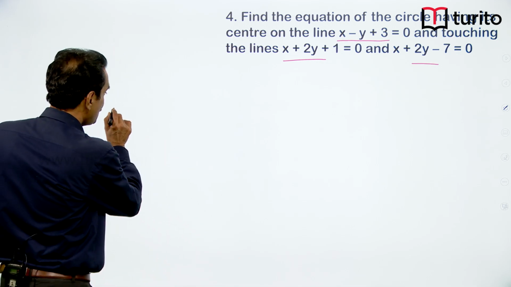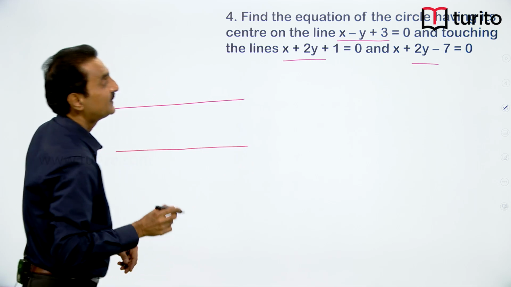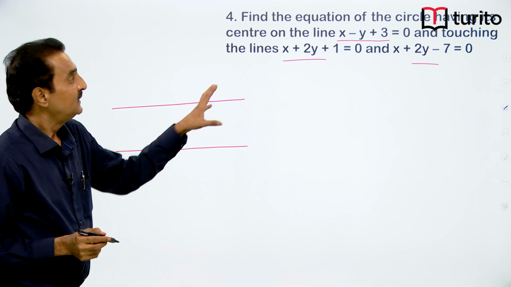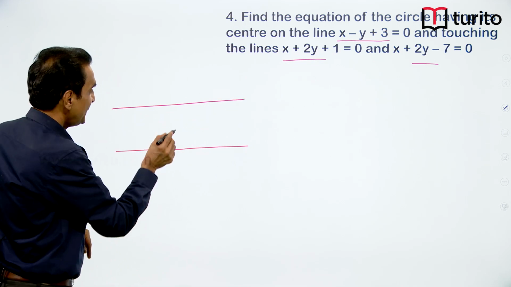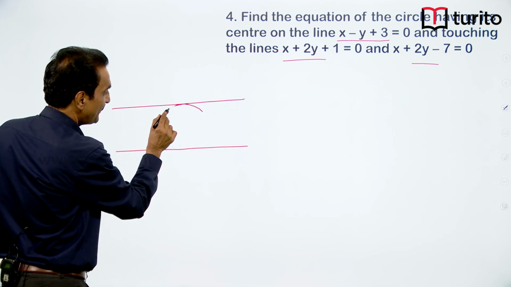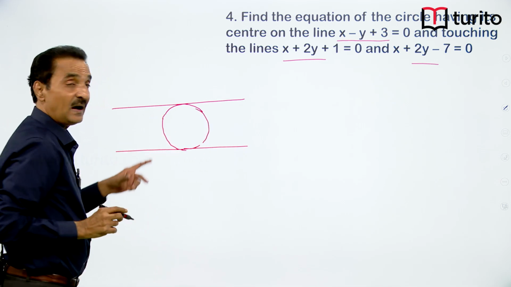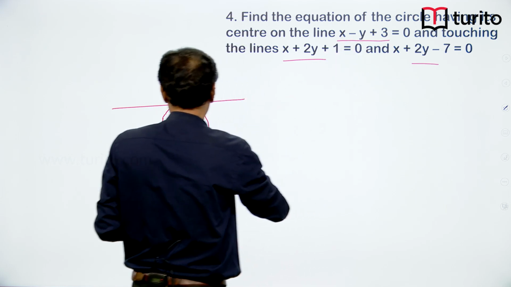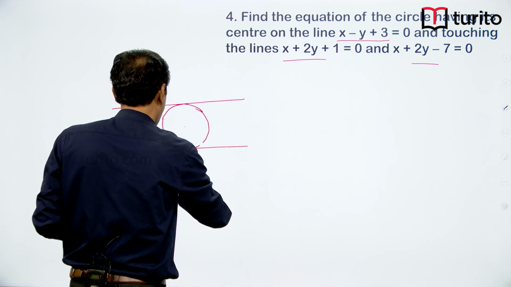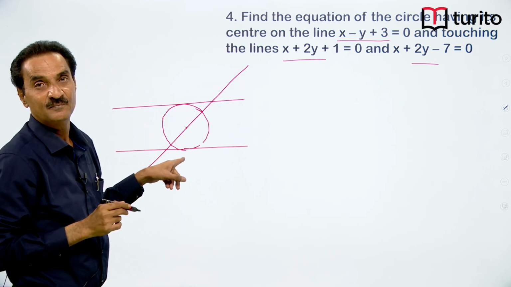So, if you take two parallel lines, the given circle touches both the parallel lines. So, it must be like this, and it has its center on this line. So, draw a line through the center, this line is given.